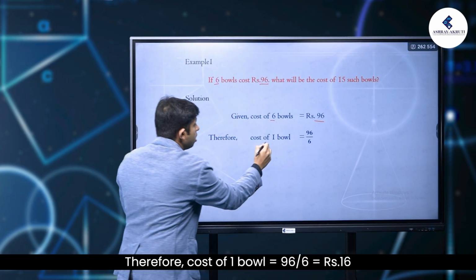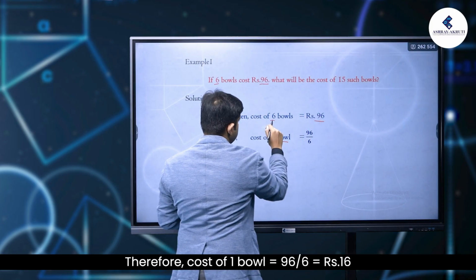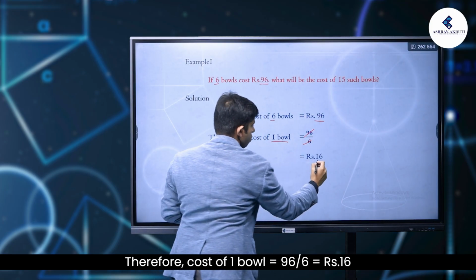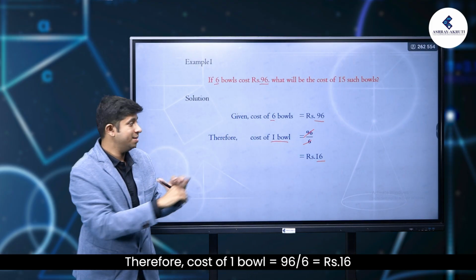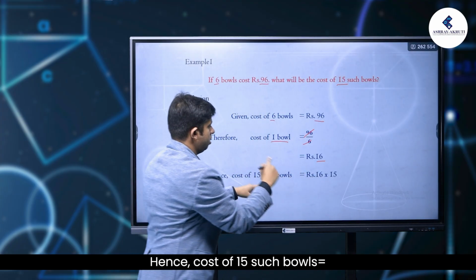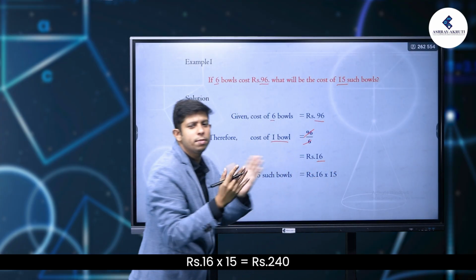Therefore, cost of one bowl equals 96 by 6 equals Rs 16. Hence, cost of 15 such bowls is equal to Rs 16 into 15 equals Rs 240.